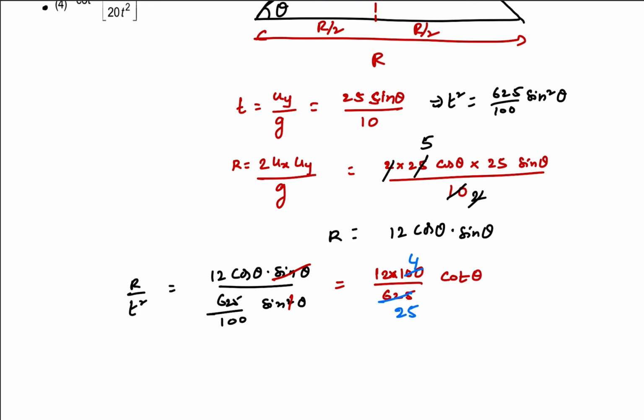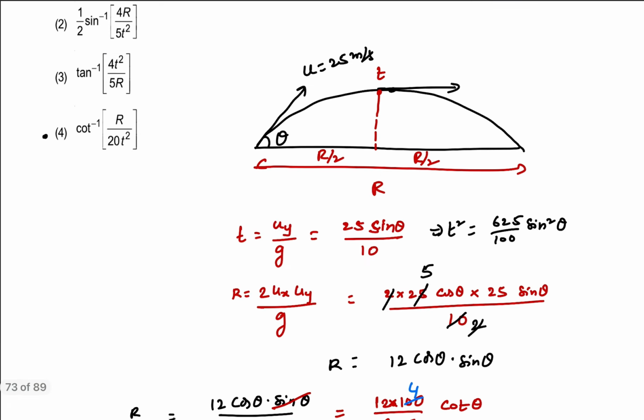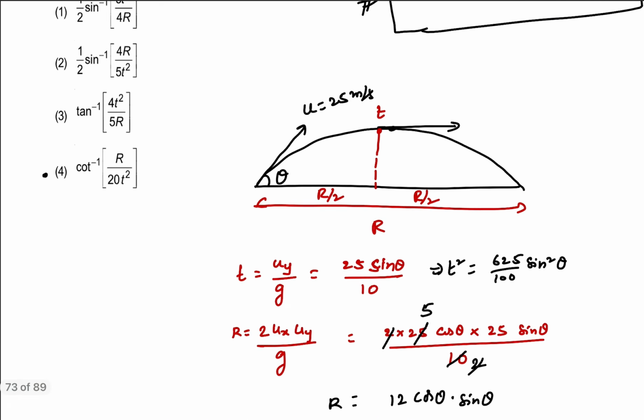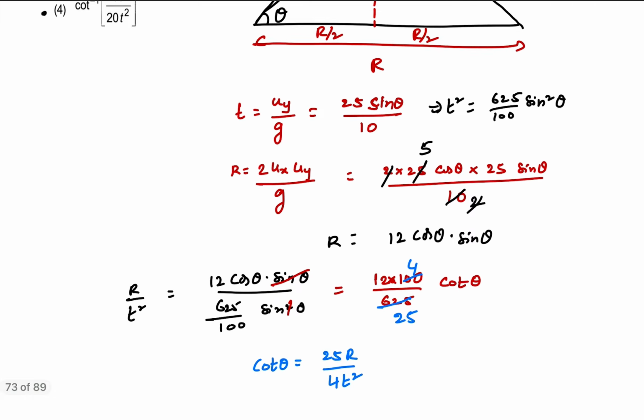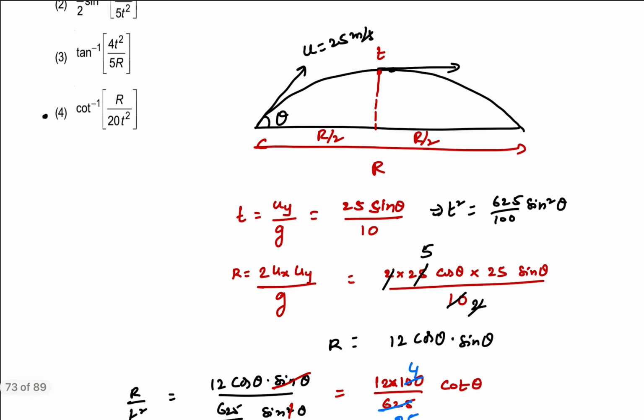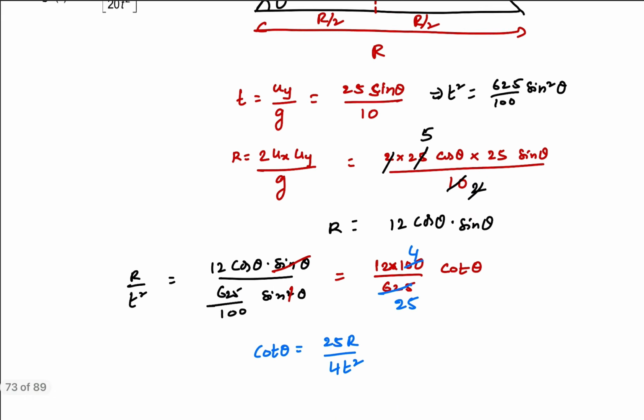So this value you can write as cot theta is equal to 25 r divided by 4 t square. Just observe these values. Now you can get any other changes.